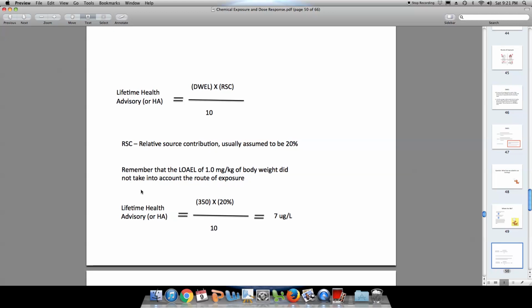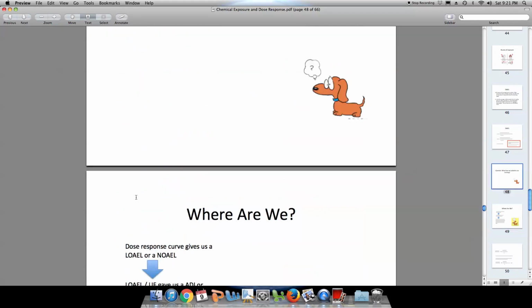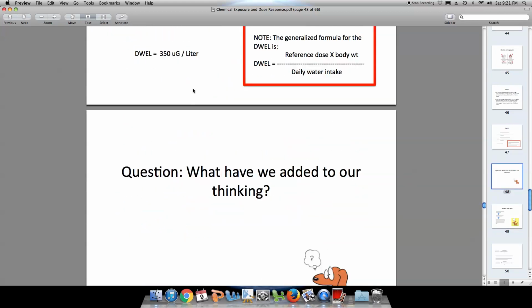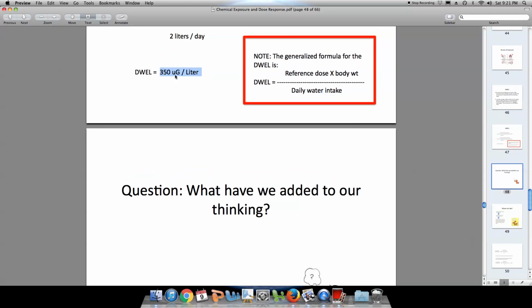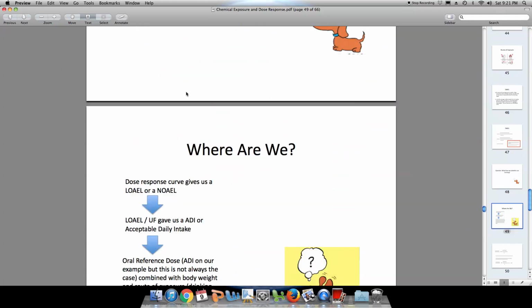So now, what about exposure over the course of a lifetime? We were given a limit of 350 micrograms per liter, but that says absolutely nothing about the time of the exposure.